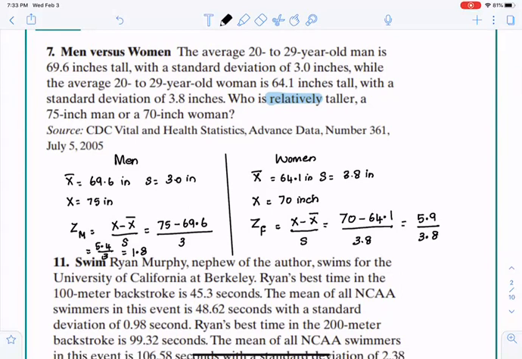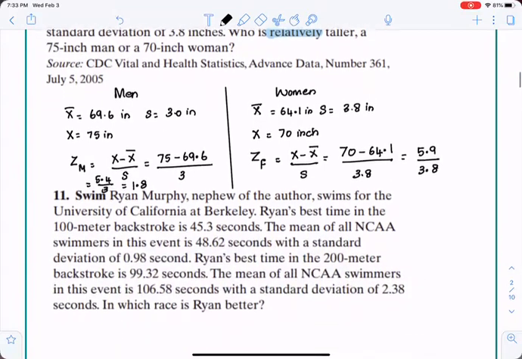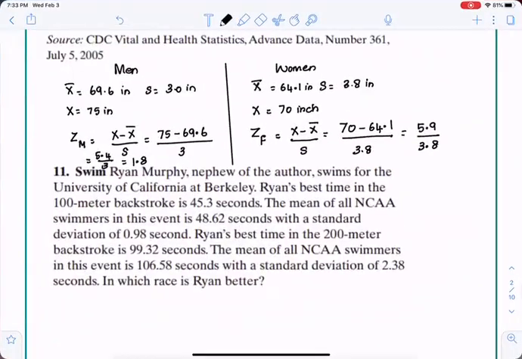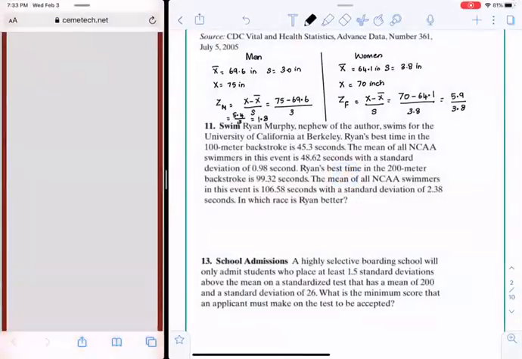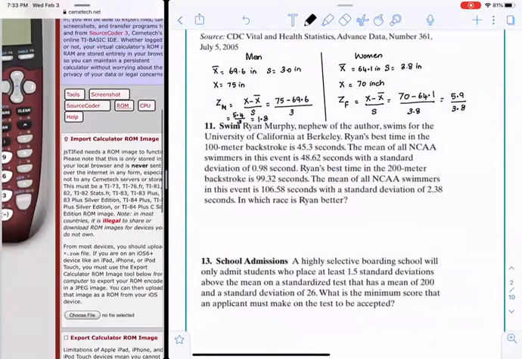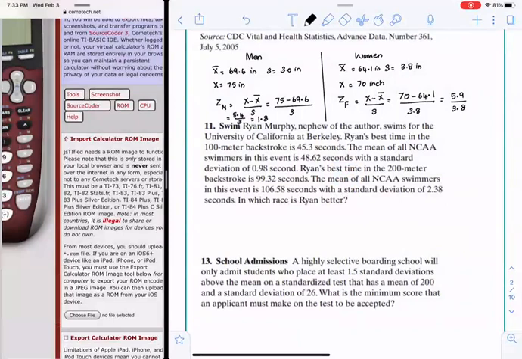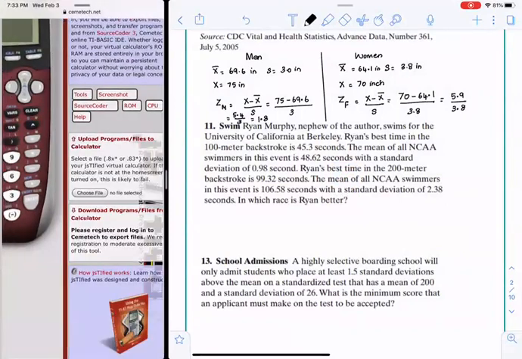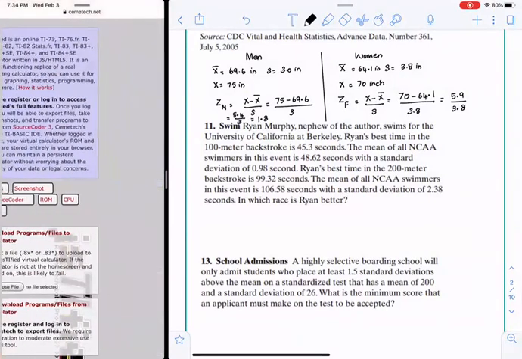We could use a calculator, of course, to find that. 1.55.